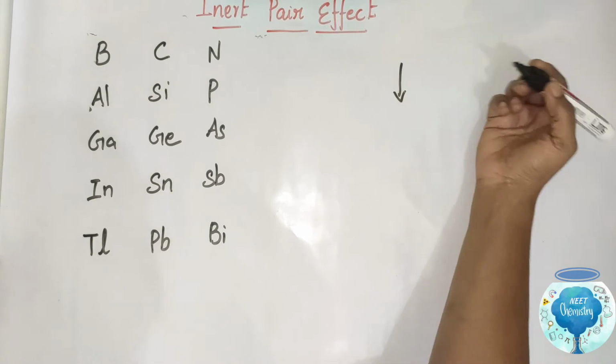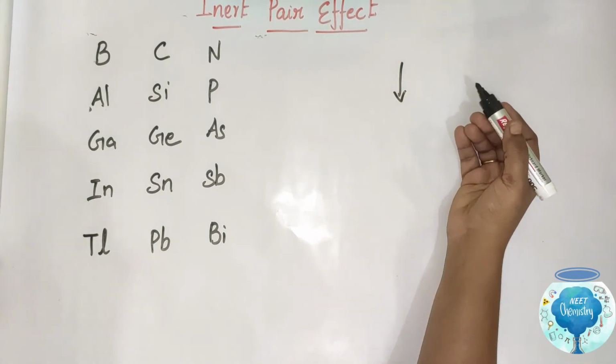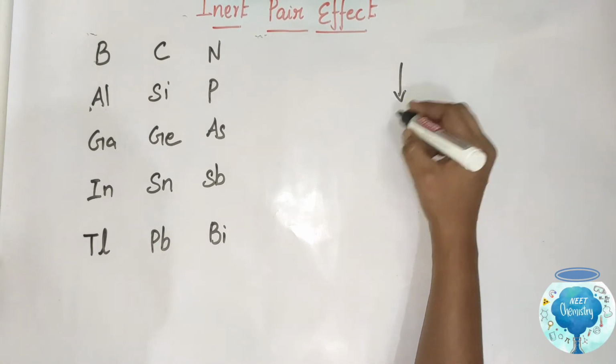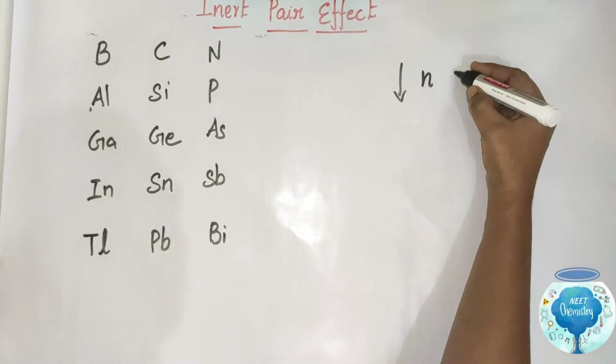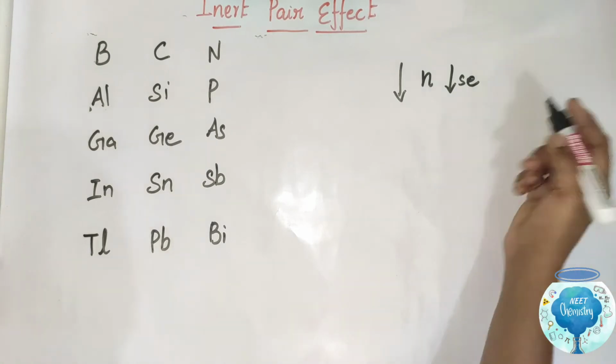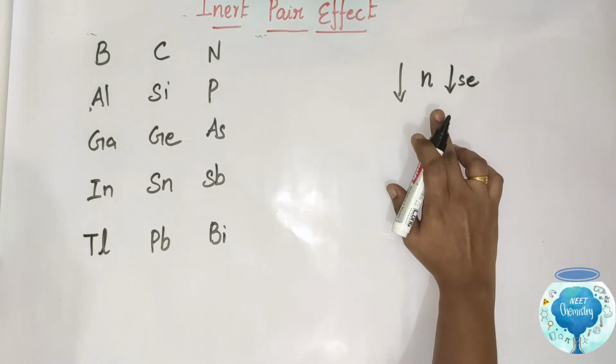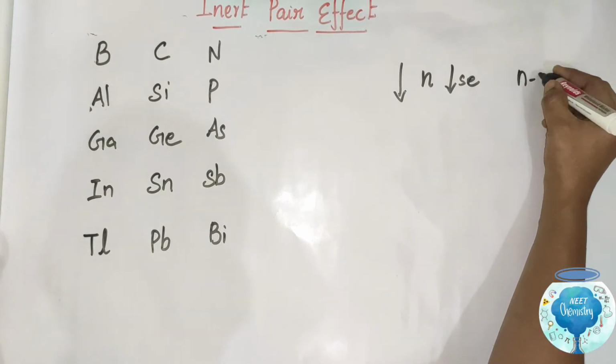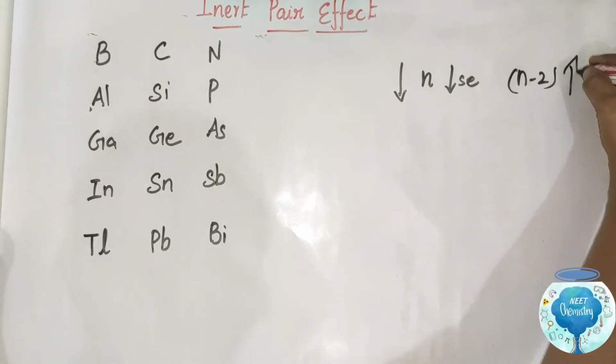Down the group, the stability of the N state decreases, while the stability of the N-2 state increases.